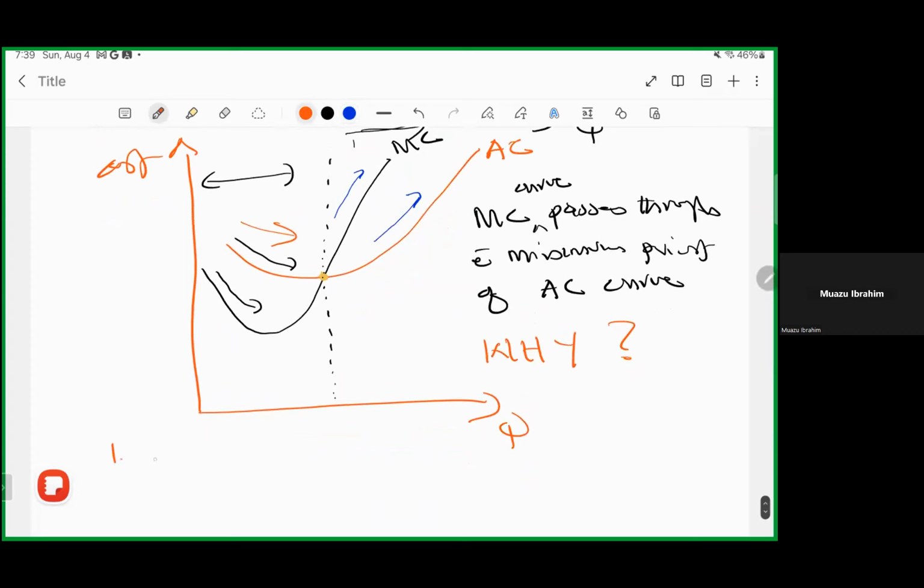One, if marginal cost and average cost are falling, as you can see on your left, which one falls faster than the other? Marginal cost falls faster than average cost because you can see it even lies below it. If marginal cost and average cost are falling, marginal cost falls faster.